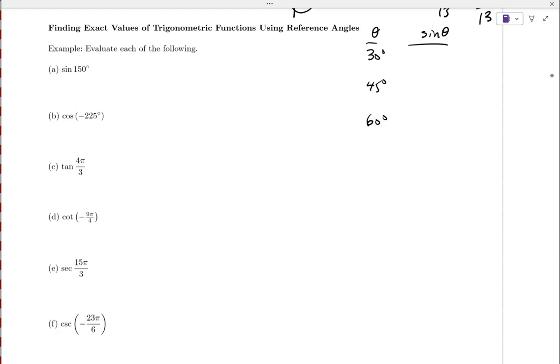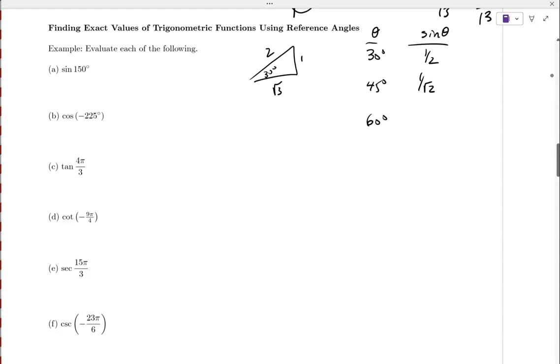Does that use a 30, 60, 90 triangle or a 45, 45, 90 triangle? 30, 60, 90, right? So if I've got 30 here, remember that the opposite side is 1. Square root of 3 is the adjacent. 2 is the hypotenuse for 30, 60, 90. So what would the sine be? 1/2. Good.